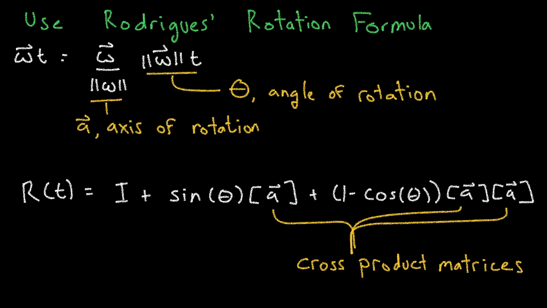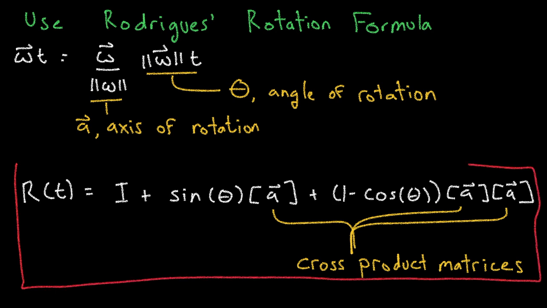And we multiply it by the sine of our angle of rotation theta, and also by 1 minus the cosine of our angle of rotation theta. And now, thanks to the Rodrigues rotation formula, we have a really slick way of evaluating these matrix exponentials quickly and converting between angular velocity vectors and rotation matrices. So we're going to use this a lot. It's a really, really powerful tool. It's a good thing to have floating around in the back of your mind.